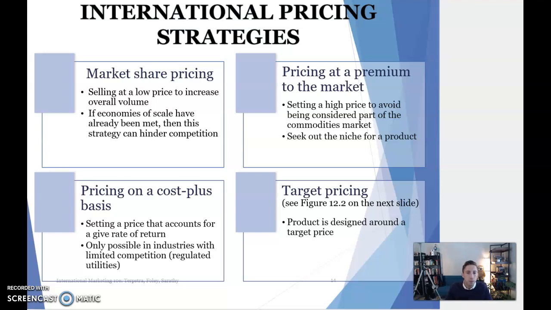Market share pricing, for example, is you selling at a lower price to hopefully have the volume, so the economies of scale can be met. So Unilever, Procter & Gamble product lines can compete at that level because there are big, massive sales. We can go to the United States and look at our big laundry detergents, and we also can go to Costco for bigger containers of laundry detergent.